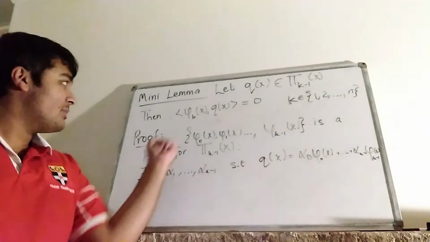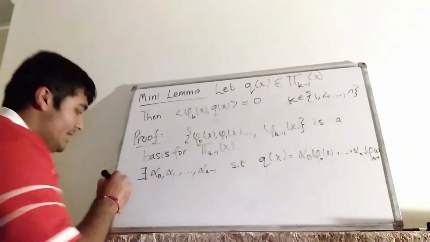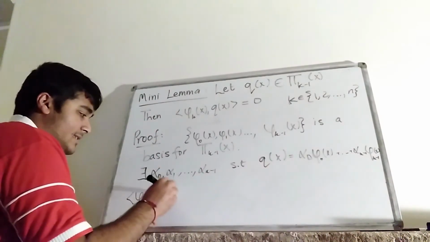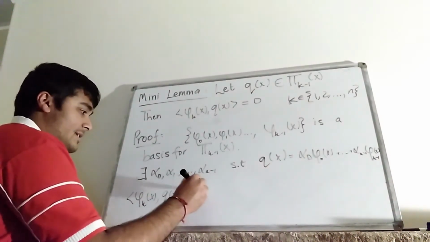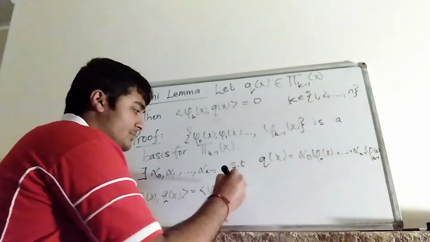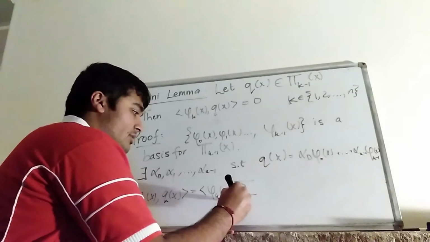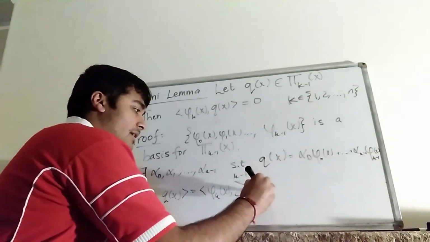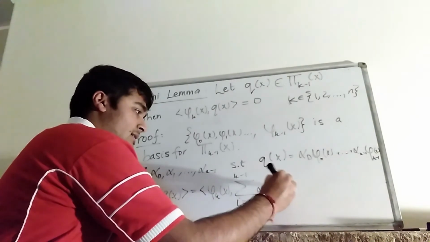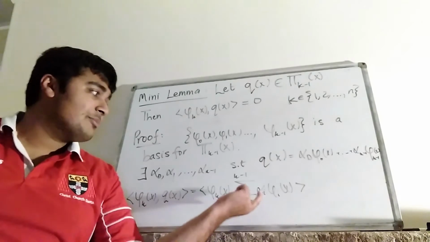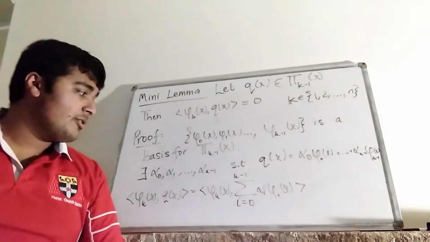Then when we work out this inner product, we get phi k of x comma q of x. That's going to be the same thing as phi k of x comma the sum from i equals 0 to k minus 1 of alpha i phi i of x. Now because of the linearity property, I can bring this summation out the front of the inner product.